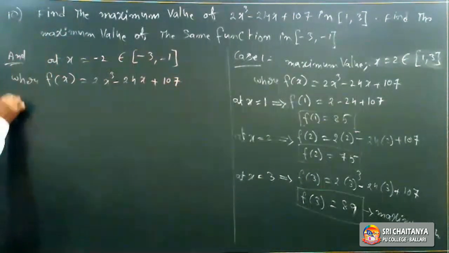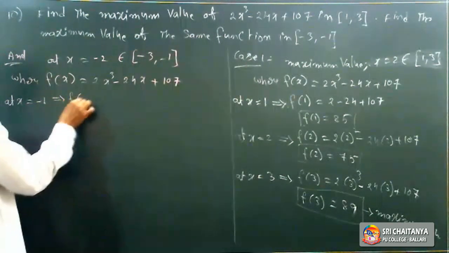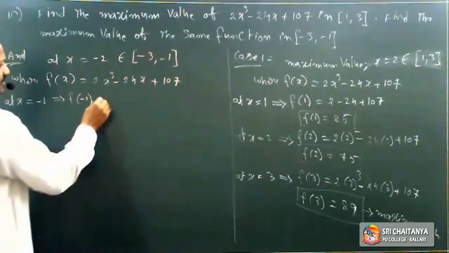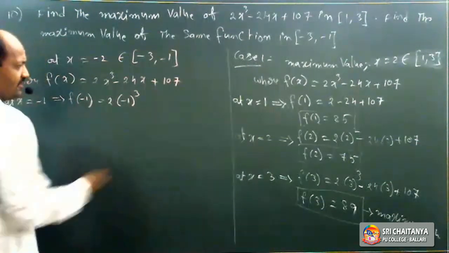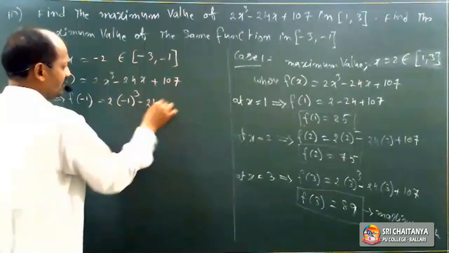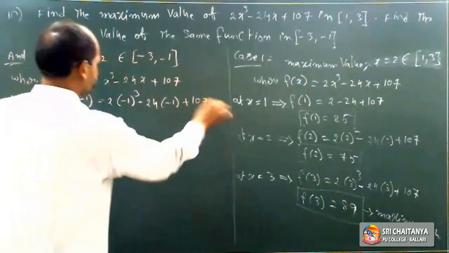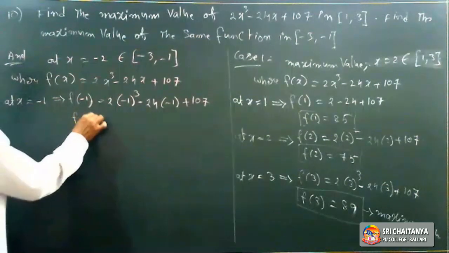At x = -1, f(-1) is equal to 2 into (-1)^3 - 24 into (-1) + 107. So then we get f(-1) is equal to 129.